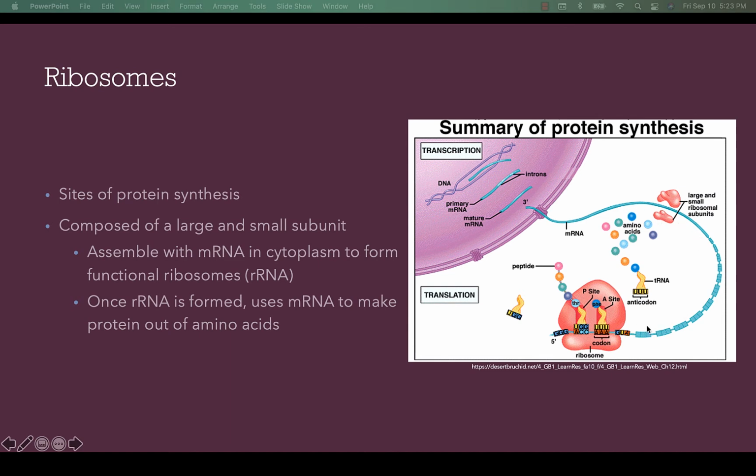So you can kind of see the rRNA here functioning as a unit reading the code from the mRNA and making a protein out of that. We'll talk about that a little bit more in detail in lab, but basically think of a ribosome as a little protein factory.